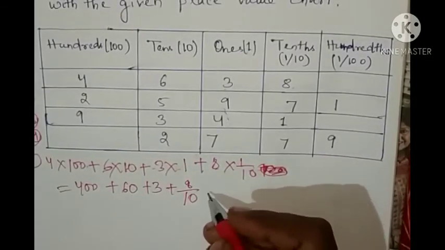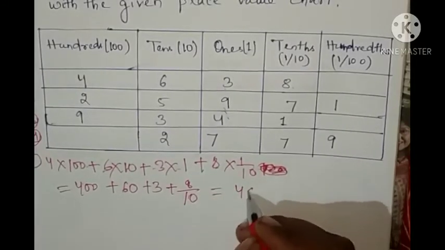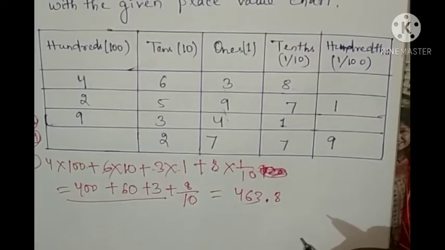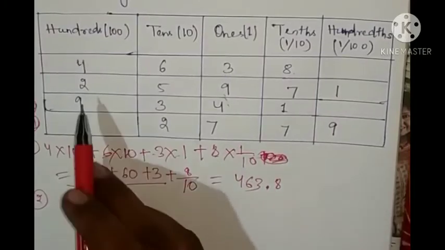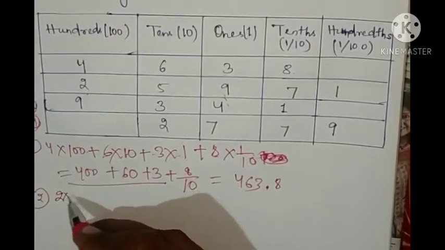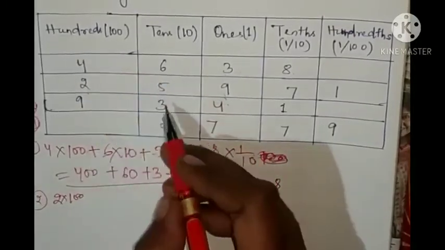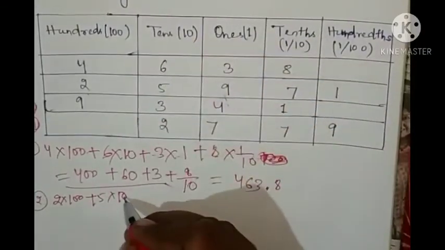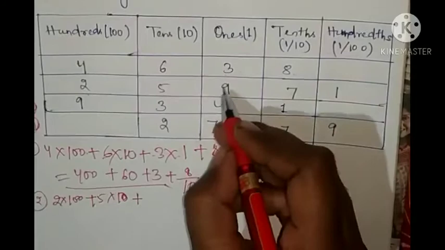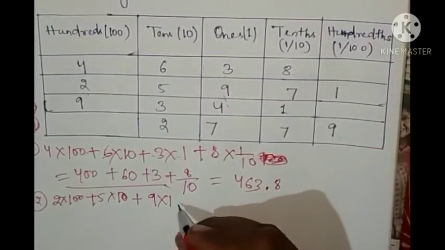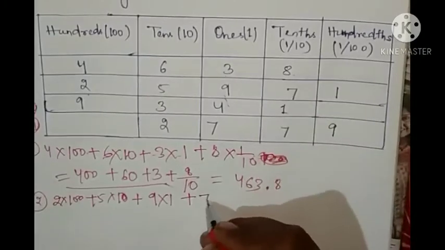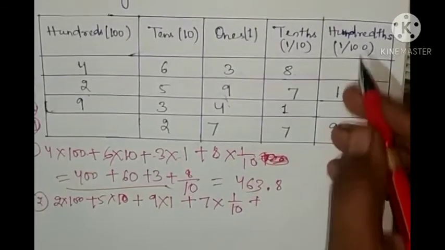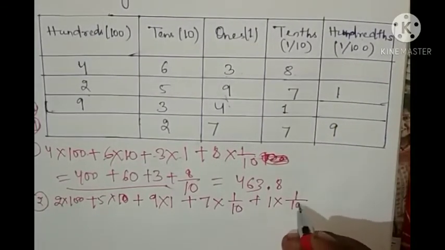So how can you write it? 463, this is the whole number, 0.8. Okay, next look, number 2. 2 into 100, because 2 is in the 100's place, plus 5 into 10, because 5 is in the tens place, plus 9 into 1, 9 is in the ones place, plus 7 into 1 by 10 because 7 is in the 10th place, plus 1 is in the 100th place, 1 into 1 by 100.